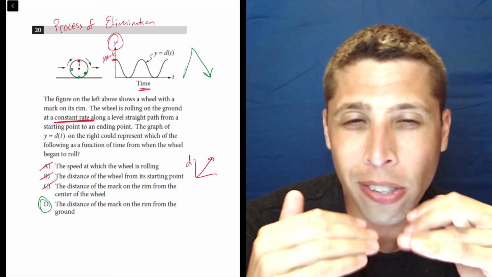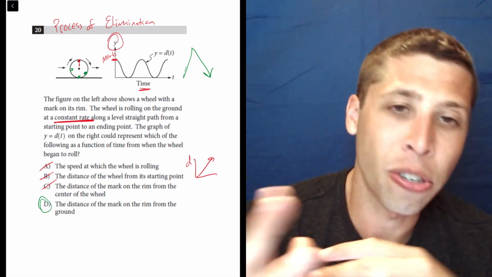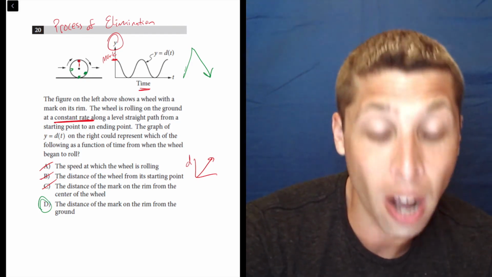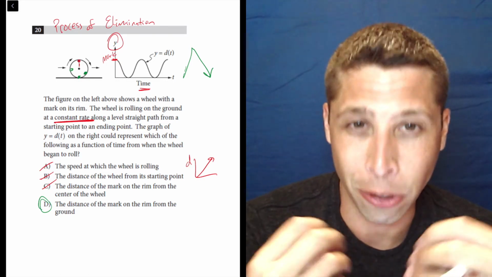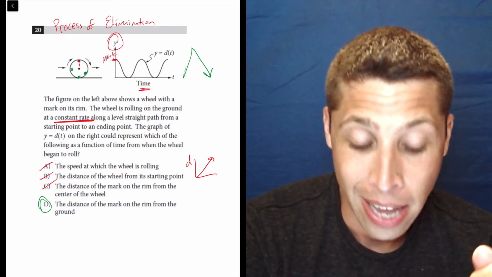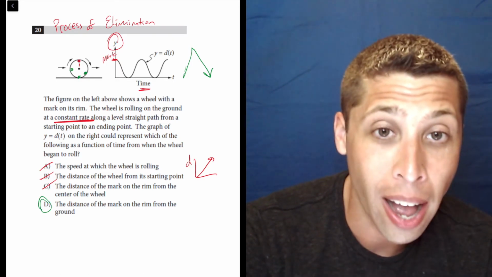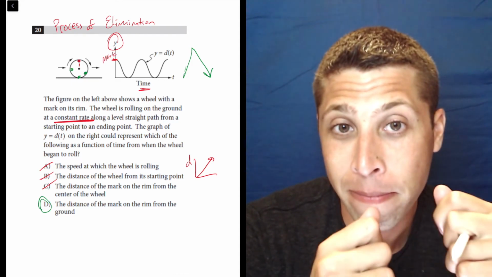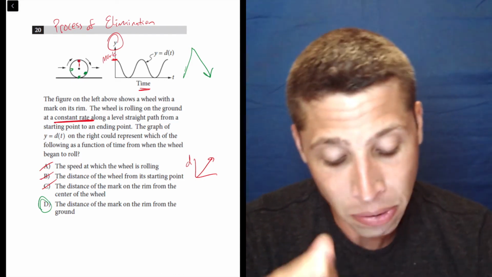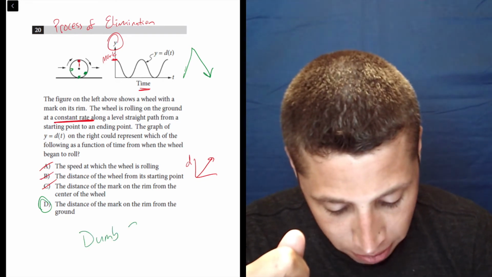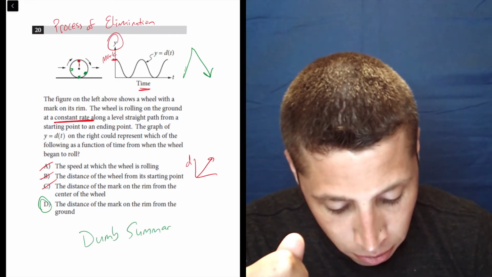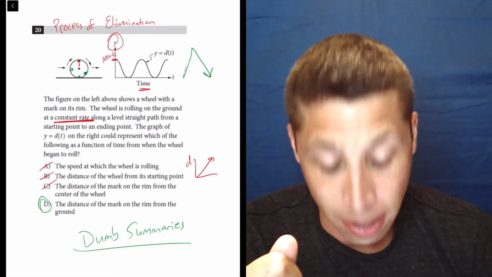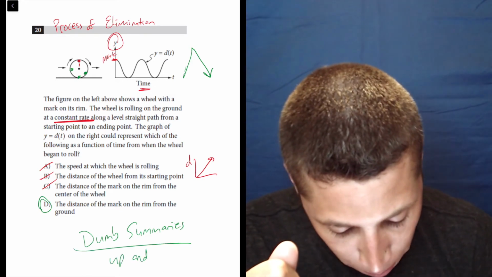So this just goes to show, yes, there's more complicated mathematics going on that, if we understood it, would maybe help and show us exactly why the graph looks the way that it does. But I don't care. It's almost like in reading when we talk about dumb summaries. The dumb summary of the graph is up and down.